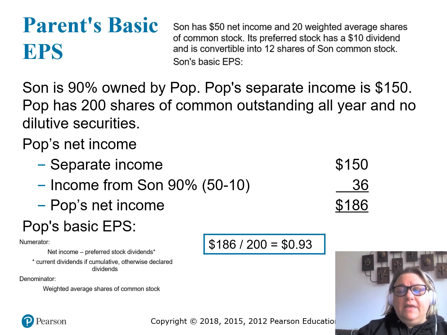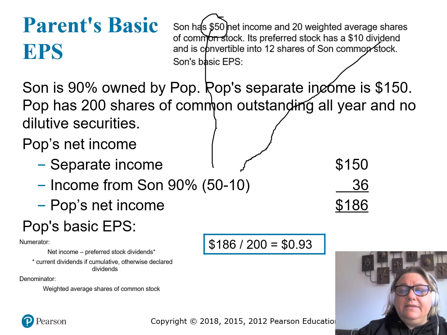The income from Son from the previous slide, remember, Son had $50 net income, minus that $10 dividend from preferred. We do that at 90%, which is the parent's ownership amount. Add these together, and then divide by 200, which is the total amount of outstanding shares. And just for reference, I threw the formula down here in the bottom left-hand corner.